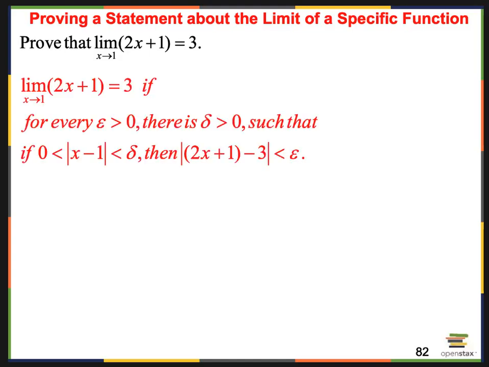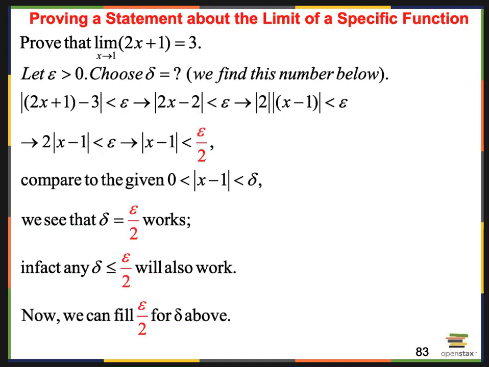All right, so if we look at our precise definition, for every epsilon greater than 0, there is a delta greater than 0, such that the absolute value of x minus 1 is between 0 and delta. Then our function, which is 2x plus 1 minus L, right, minus 3, the absolute value of that quantity is less than epsilon.